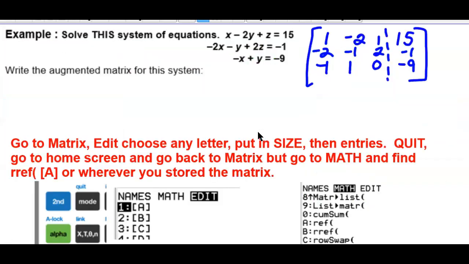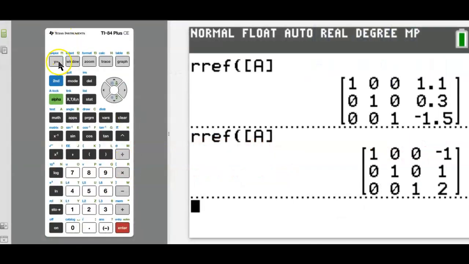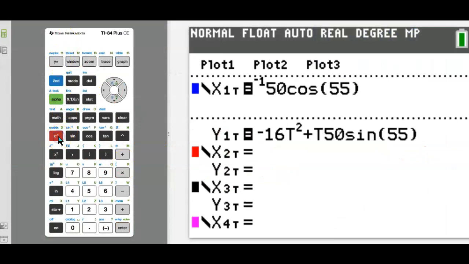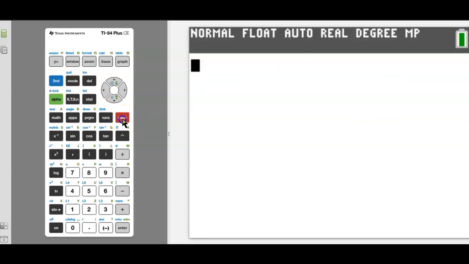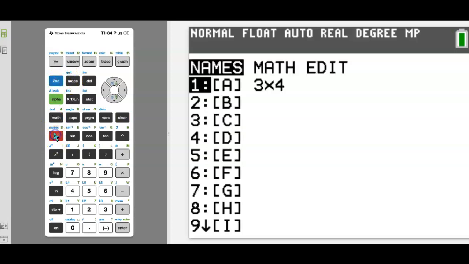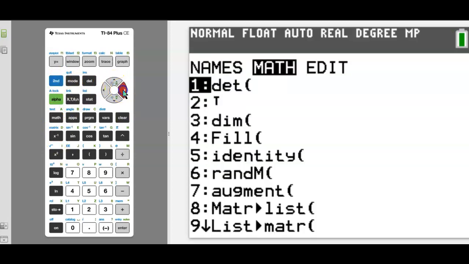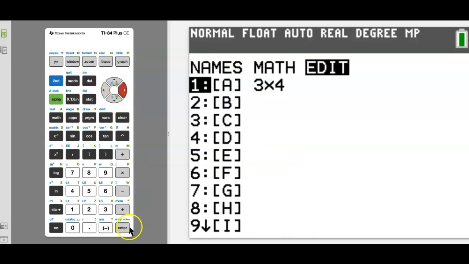So we're going to go back and do this one right here. So we're going to go to the calculator, second, and then this negative, whoa. Doesn't matter what mode you're in. I'm obviously not in function mode, but that's okay. Second matrix, arrow to the right to edit, enter.